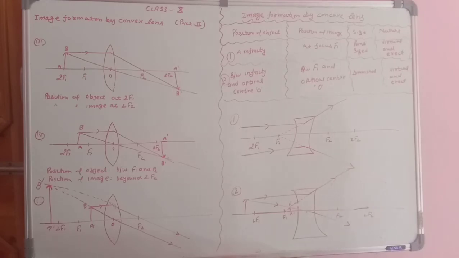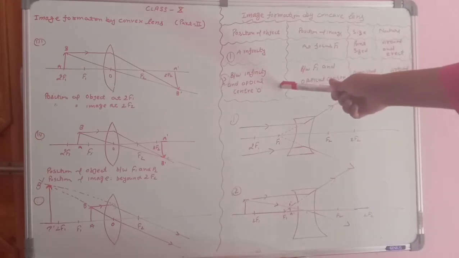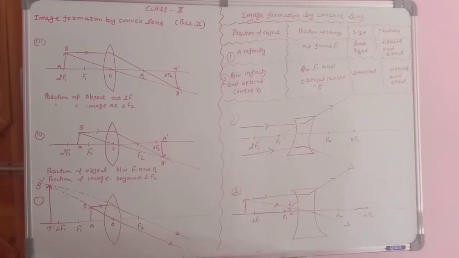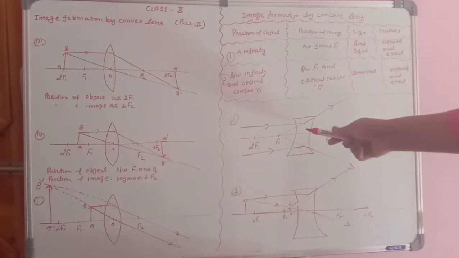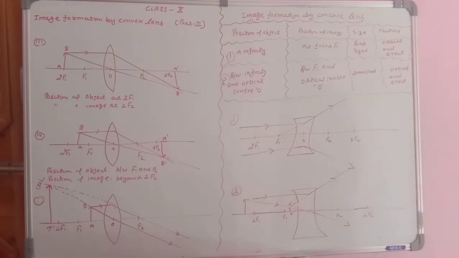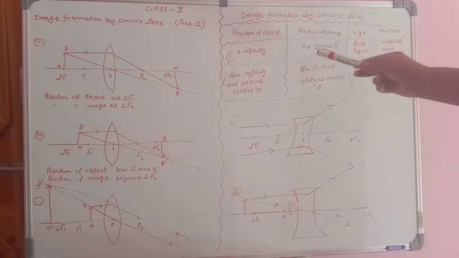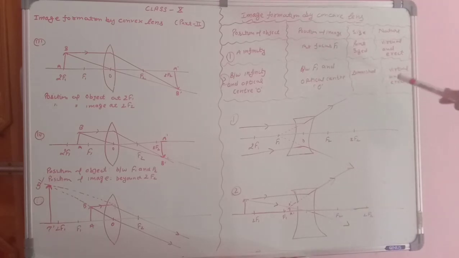Once again, the position of the object is between infinity and optical center. Students, this is your optical center O. Infinity means very far, so wherever you keep your object, its image will always be between f1 and optical center. It will be diminished, virtual and erect.